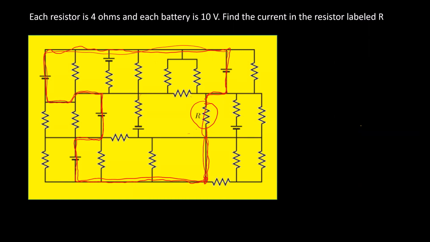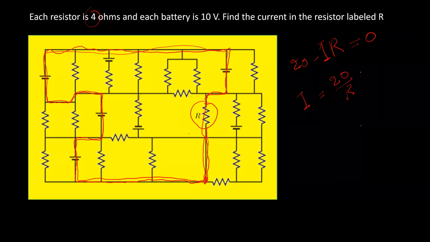So therefore 20 volts should be equal to IR. 20 minus IR equals 0, and R is 4 ohms. So the current I will be equal to 20 over R, which is 20 divided by 4, 5 amps. Is that clear? Anyone? Yes. Okay, very good.